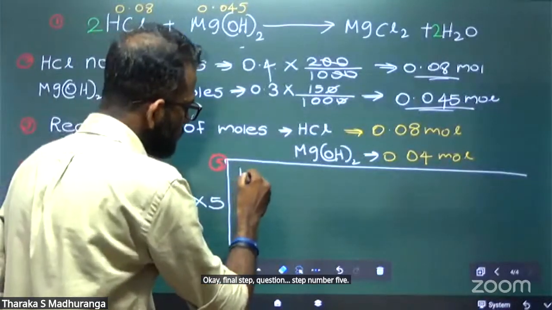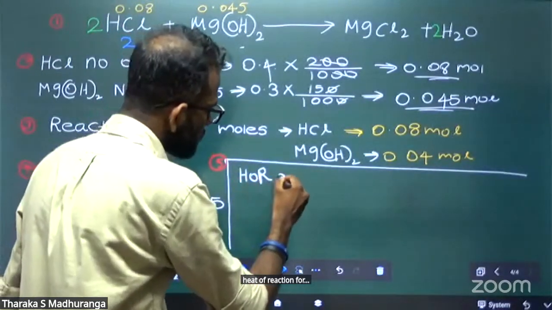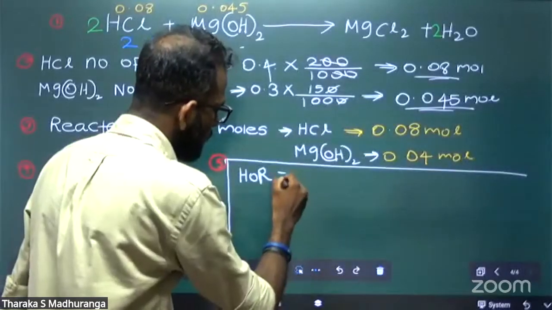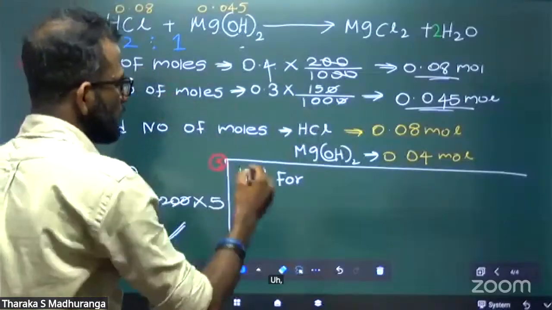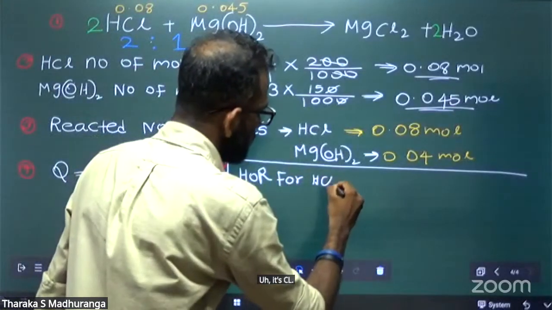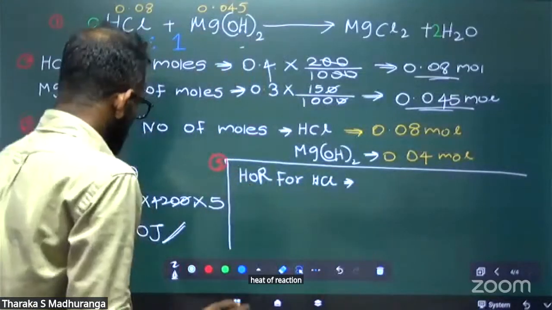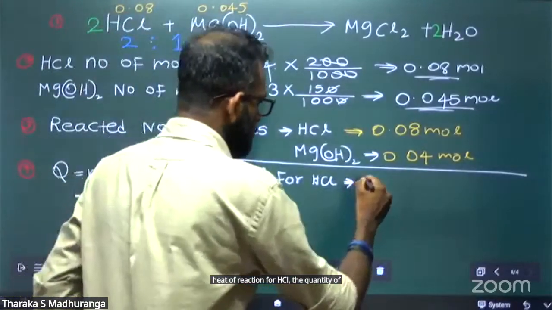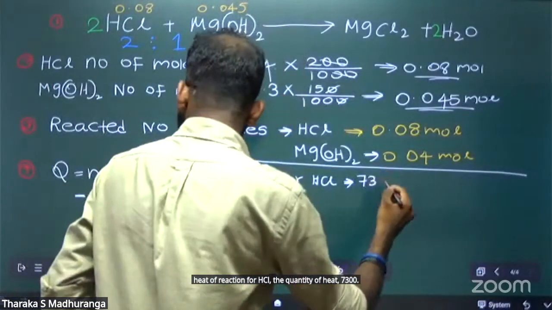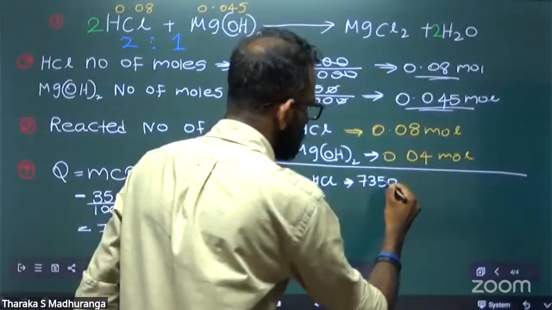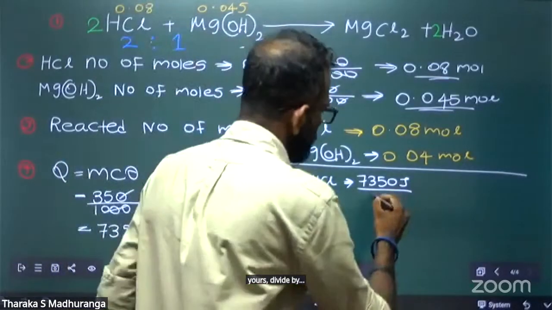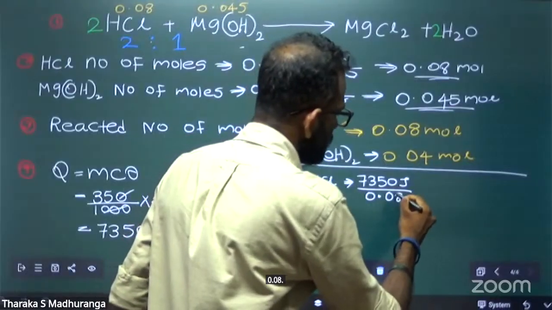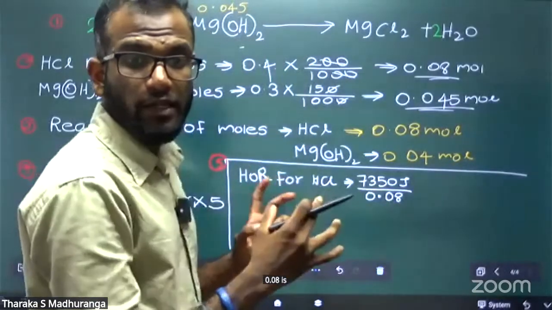Heat of reaction for HCl. The quantity of heat, 7,350 joules, divided by 0.08. 0.08 is the reacted number of moles of HCl.